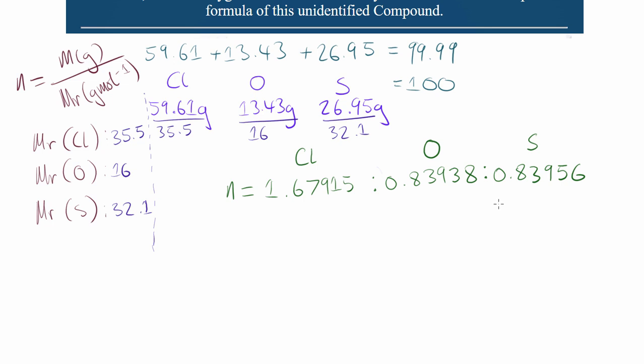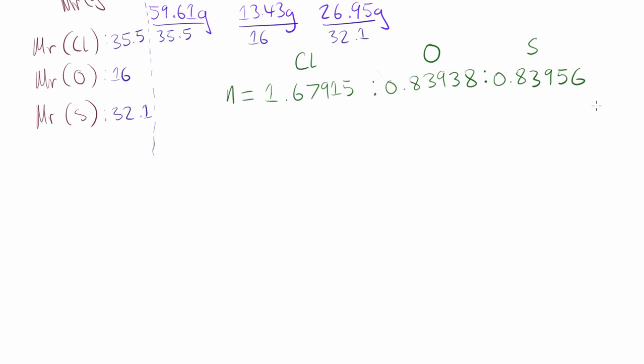And at this stage, as we know, we're looking for the simplest whole number ratio between these different elements. And as you can see, we don't have whole numbers at this stage. We have various numbers.